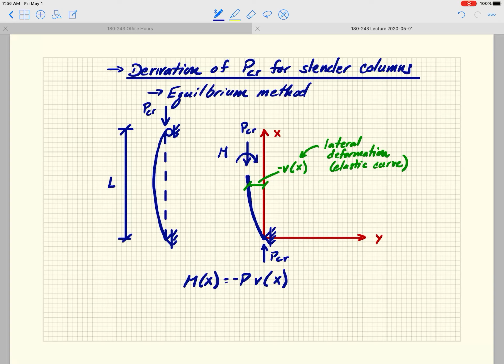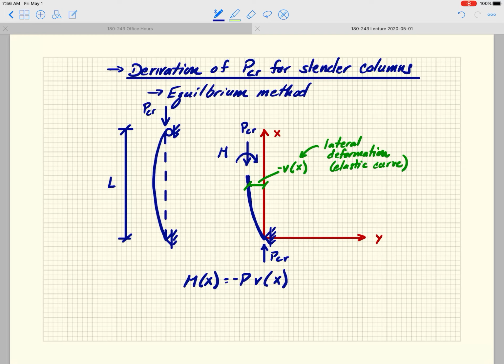Okay, so the moment is, and I'm going to drop the P critical for now, but we'll bring it back. I just don't want to keep writing it. So the moment throughout this column is just the P, the axial force on the column, times that deformation. At the ends, at the top at the roller support and at the bottom at the pin support, there is no moment, because there's no eccentricity, there's no deformation of the column at that point.